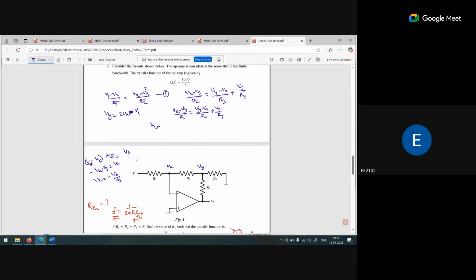So Vx minus 2Vx plus Vi, by R, is equal to (2Vx minus Vi minus V naught) by R plus (2Vx minus Vi) by R4. So these two R will be cancelled out. So I am taking the R by R4 here.